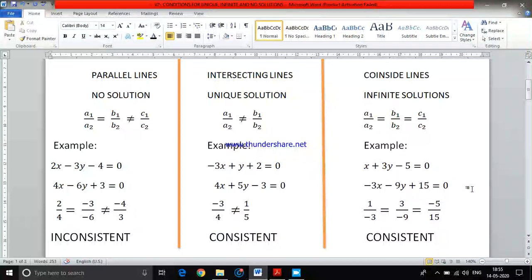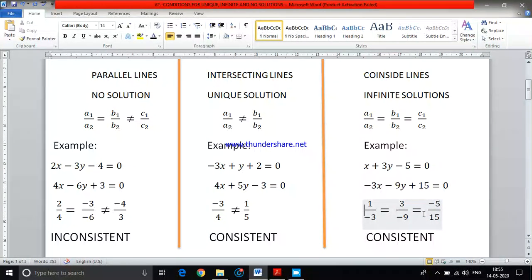Now if I find the ratios, a1 upon a2, a1 is 1, a2 is minus 3, so 1 upon minus 3, equals b1 upon b2, b1 is 3, b2 is minus 9, so 3 upon minus 9, which equals c1 upon c2, c1 is minus 5 and c2 is plus 15.